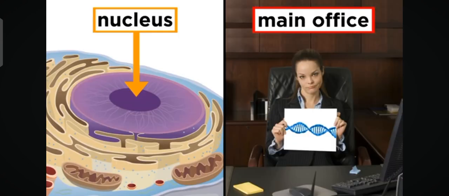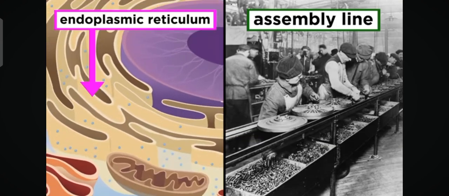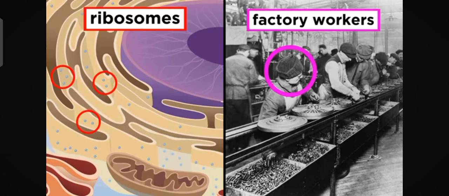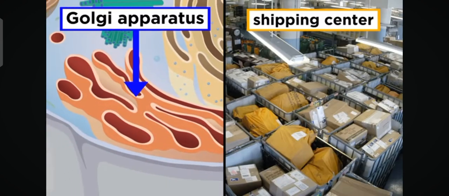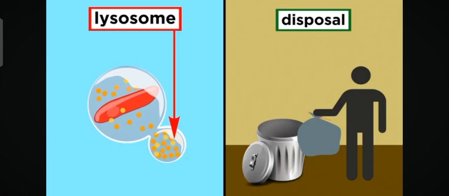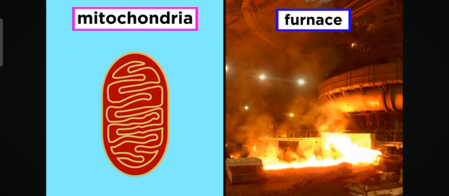The nucleus is the central office where the boss sits, giving out orders from the genetic instructions. The endoplasmic reticulum is the assembly line, and the ribosomes are the little factory workers, building all the proteins the cell needs. The Golgi apparatus is the sorting and shipping center. The lysosomes are the maintenance and disposal workers, while the mitochondria are the furnace or power plant that powers the whole show.